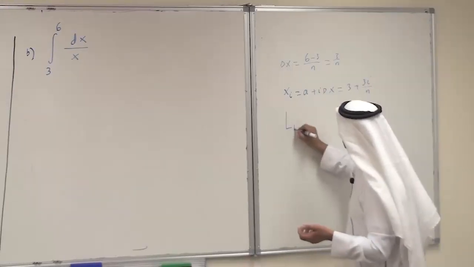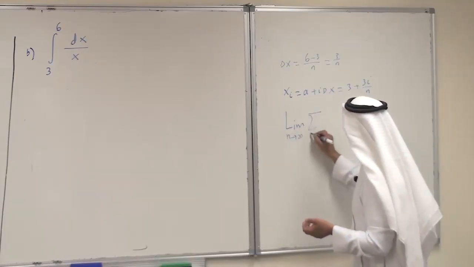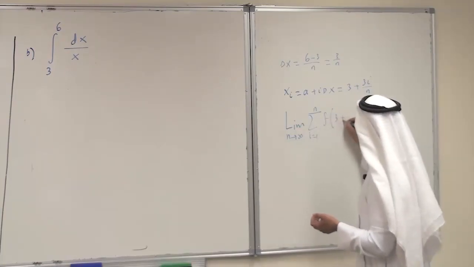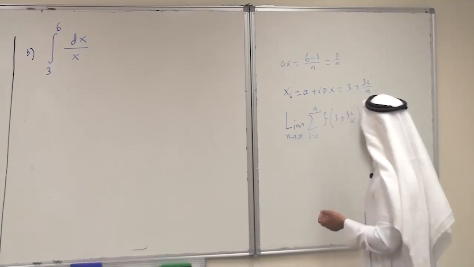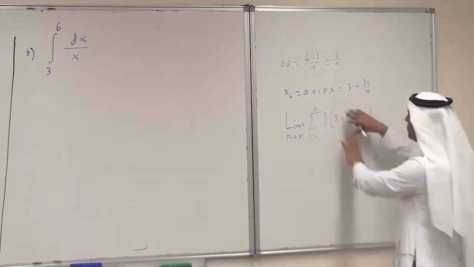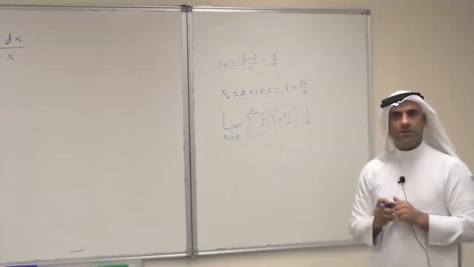Then we need to go through the limit as n goes to infinity of the summation from i equal to 1 up to n of f of xi, 3 plus 3i over n, times 3 over n. Then we have the function 1 over x. We need to substitute, simplify, take limits. So many things we need to do.